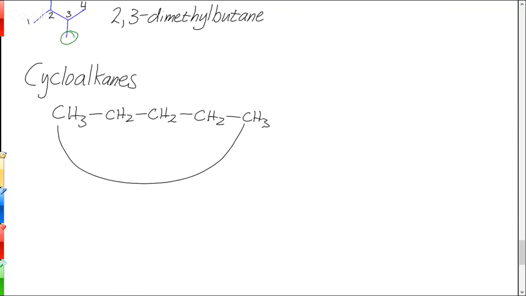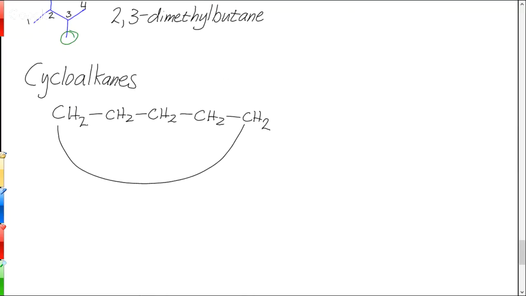Those carbons on the ends would have 5 bonds total. So if we're going to make a ring, you end up having a formula with 2 fewer hydrogens so that each carbon can have 4 bonds.